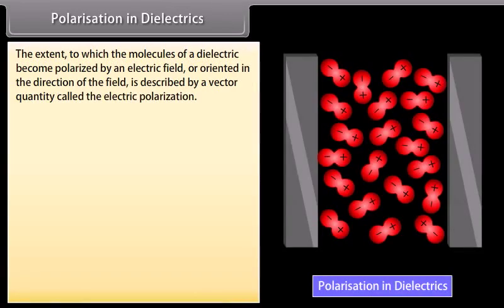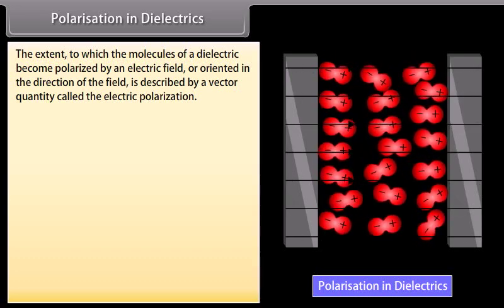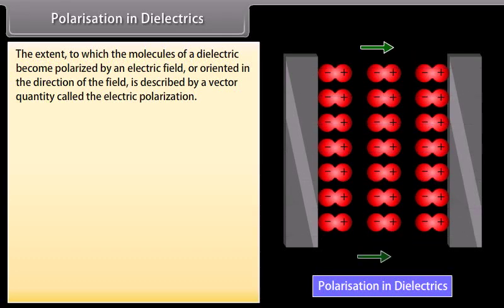Polarization in dielectrics. The extent to which the molecules of a dielectric become polarized by an electric field, or oriented in the direction of the field, is described by a vector quantity called the electric polarization.